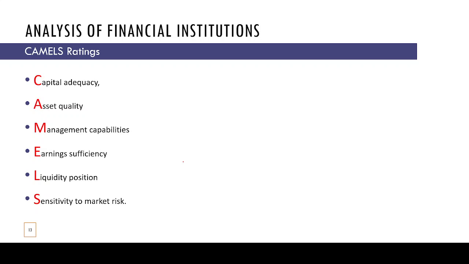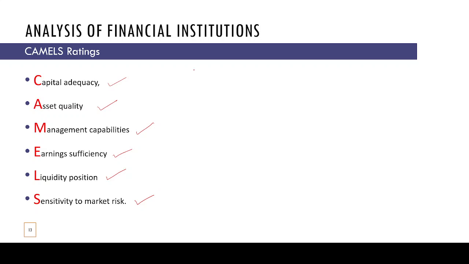Now, CAMELS is a widely used approach to analyze a bank, and it views the bank as a deposit taking and a loan making institution. Now, CAMELS has six components: capital adequacy, asset quality, management capability, earnings efficiency, liquidity position, and sensitivity to market risk.